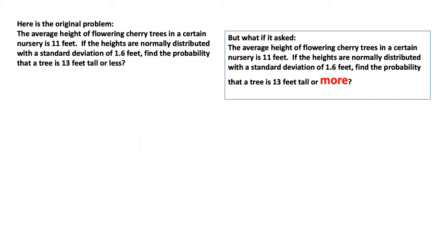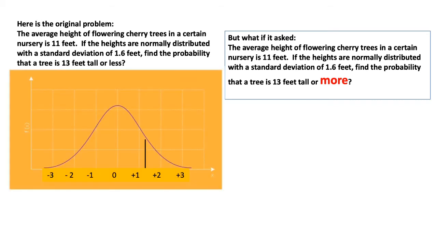Because here we have almost the same thing written again, but this time it's find the probability that a tree is 13 feet tall or more. And when we look at the graph, it's the same graph that we had for 13 feet or less, right?